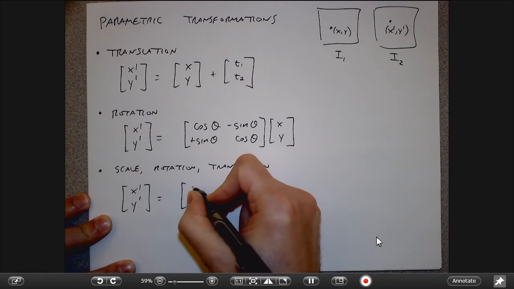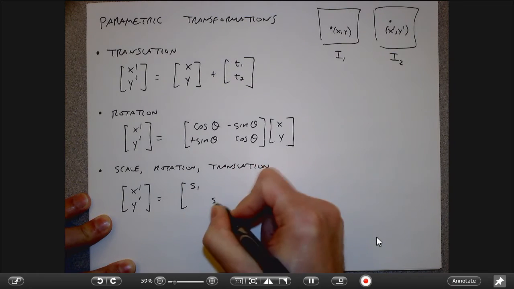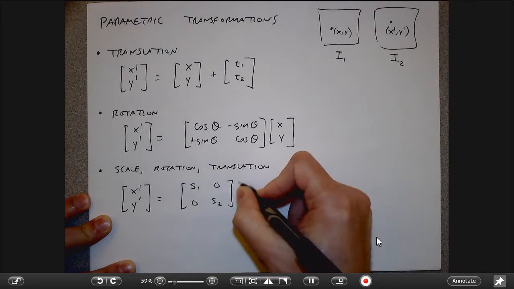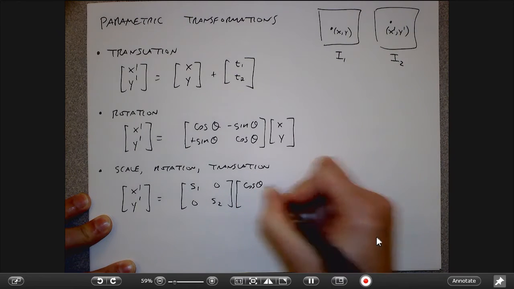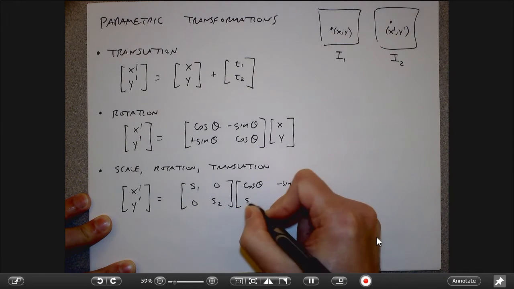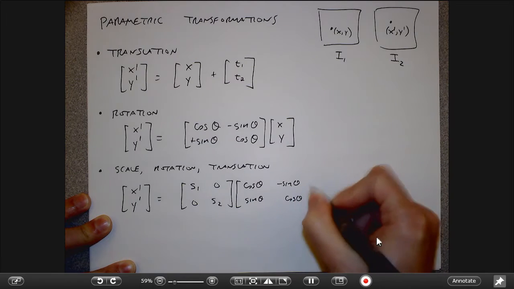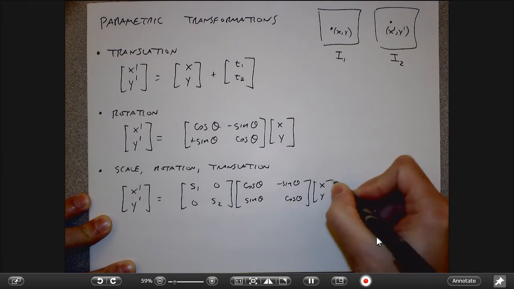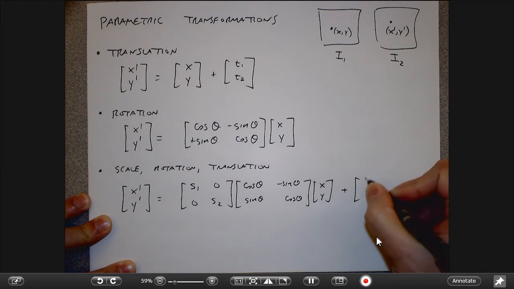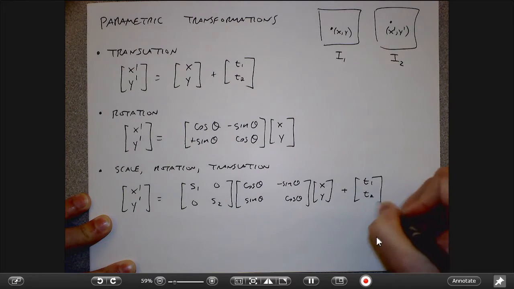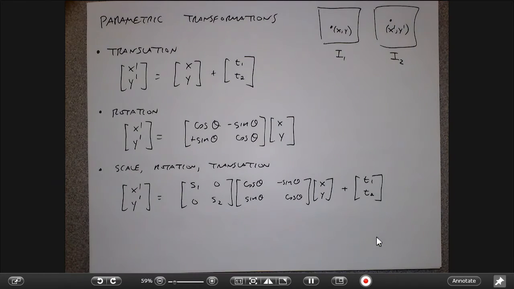I have a scale factor, and maybe the scale factor is different in the x and y dimensions. On top of that I can rotate the image, and on top of that I can add some translation. This is also called a similarity transformation.